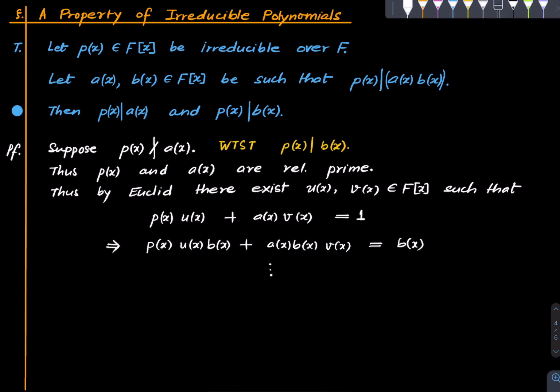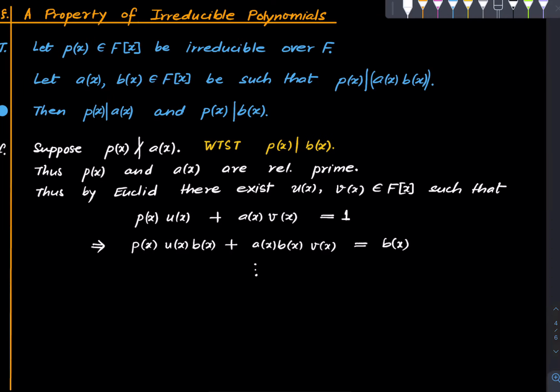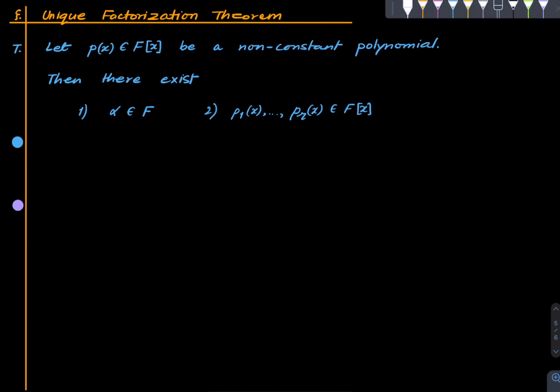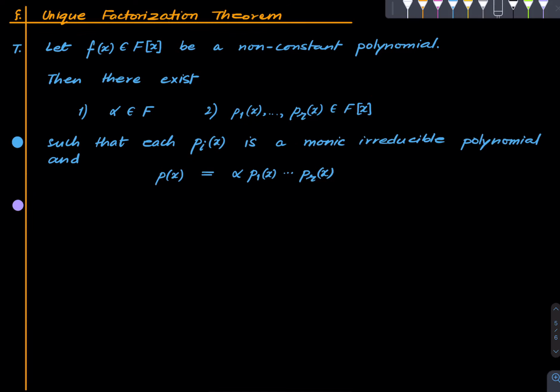All right, so we have that fact, and now we can state and prove the unique factorization theorem. So start with a non-constant polynomial. I shouldn't have used p(x). Let me use f(x). I'll change the notation. So start with any non-constant polynomial. Then we want to show that there exists a scalar and a bunch of polynomials such that each p_i is a monic irreducible polynomial.